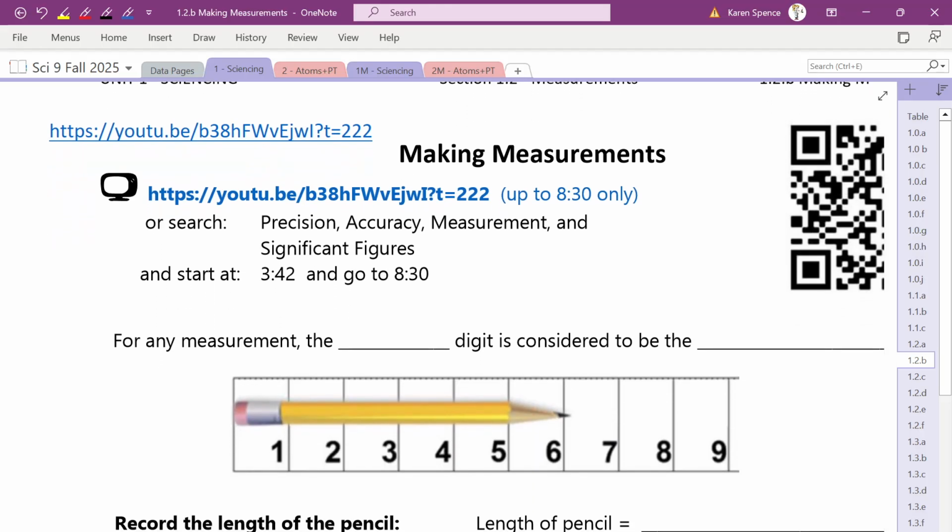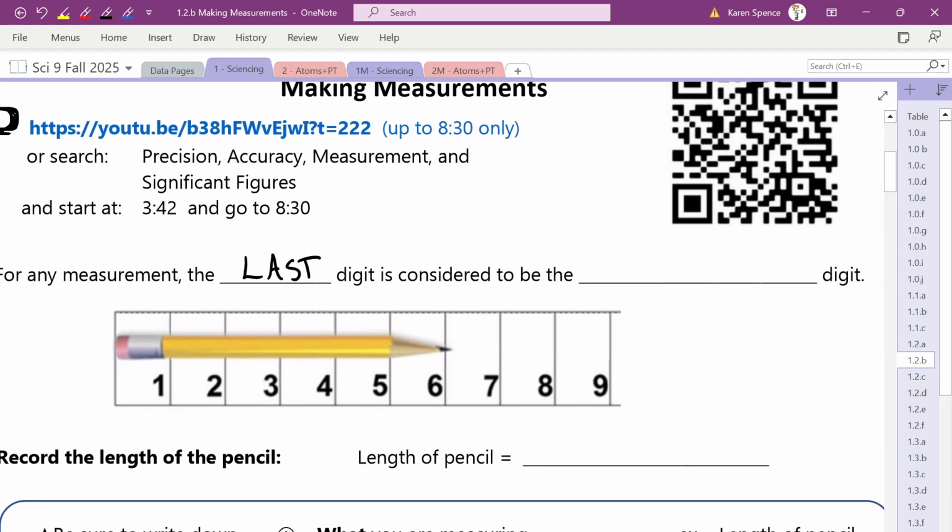So for any measurement, the last digit is considered to be the estimated digit.